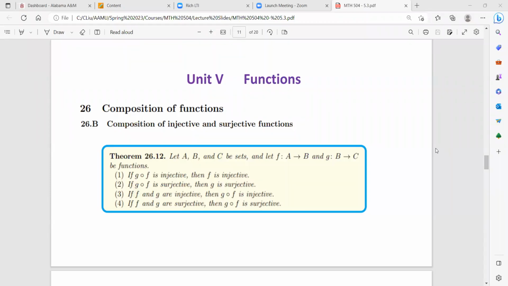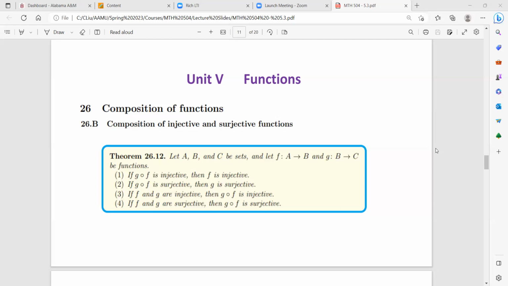We just started the compositional functions last time. We learned that before in Math 112. We know what it means. If you have two functions, then in some circumstances you can do a composition of two functions or two mappings, but this requires the domain of a function to be the codomain of another function.